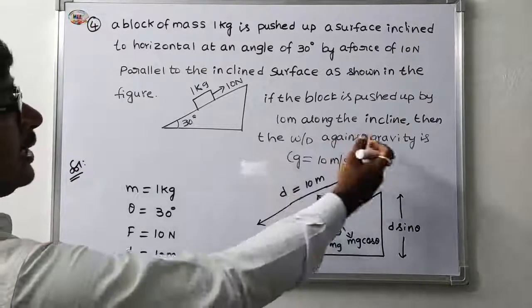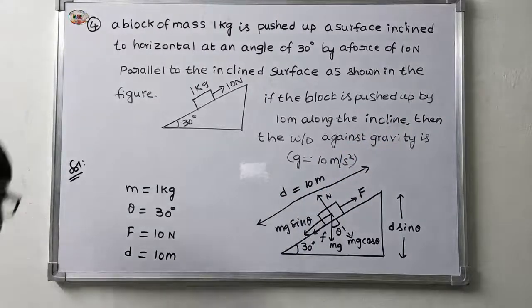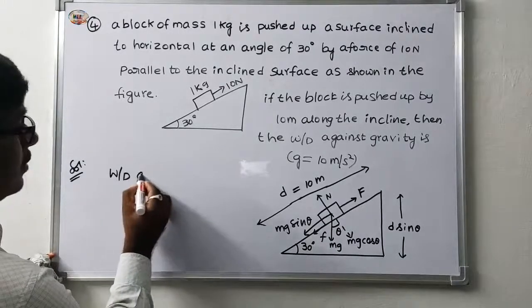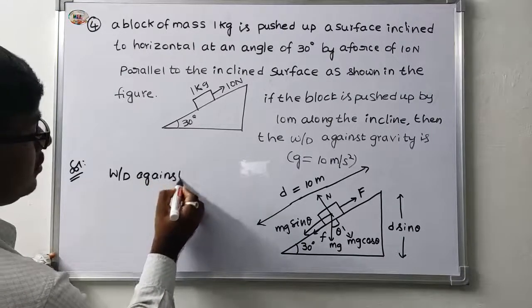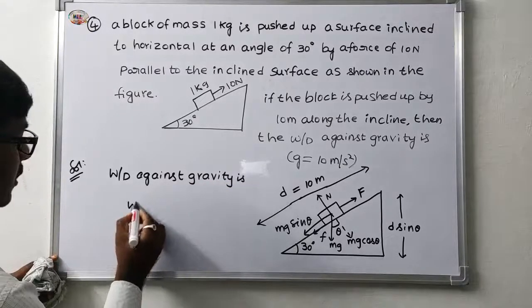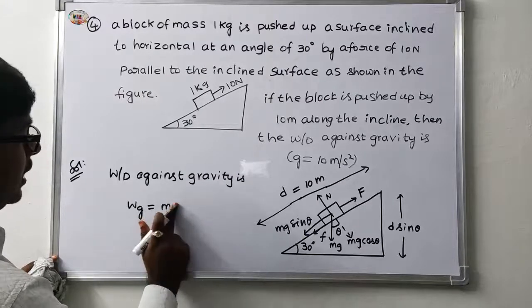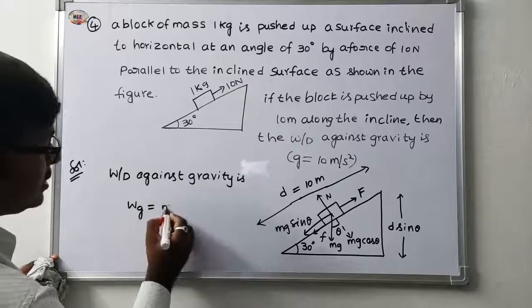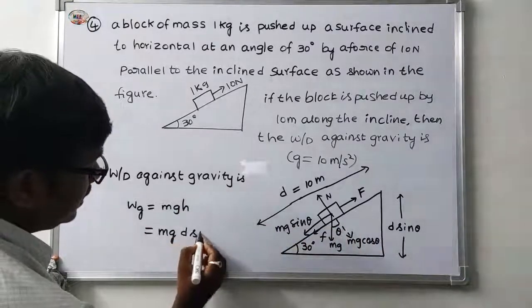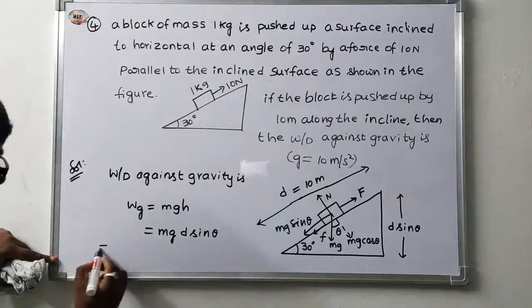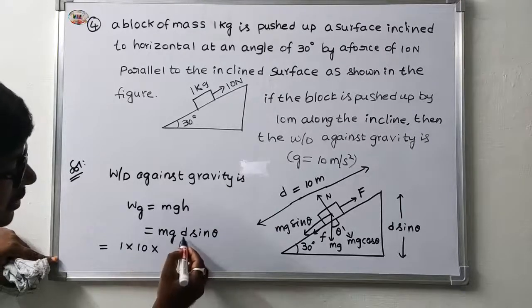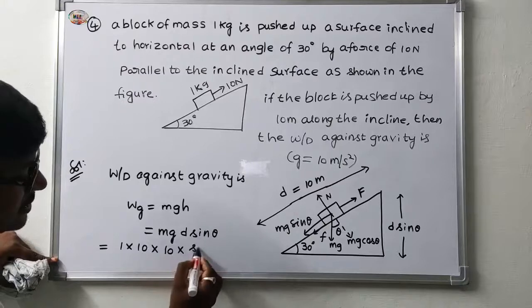Then find out work done against gravity. Work done against gravity Wg is equal to mgh, the actual formula is mgh, and this mg into h, where h value is d sin theta. m is equal to 1 into g value 10 meter per second square into d is equal to 10 into sin 30.